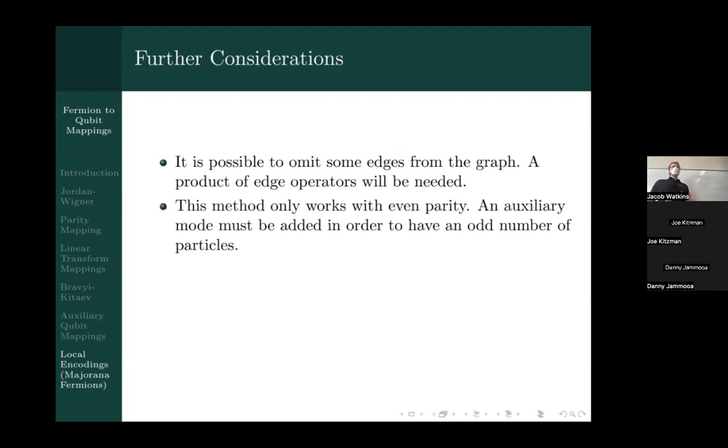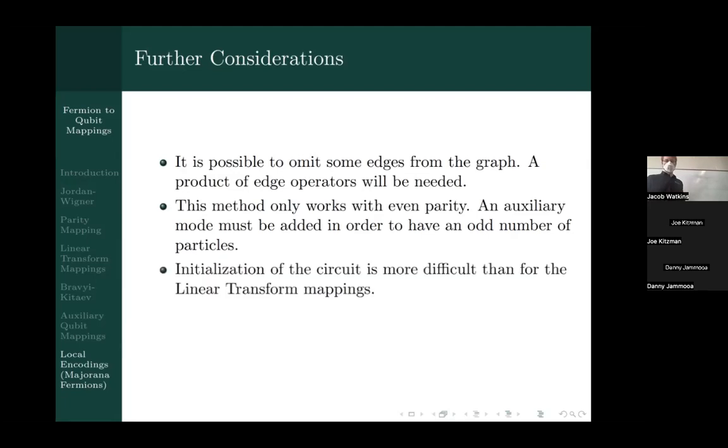And the method, as I described it, only works with an even number of fermions. You can add auxiliary modes to have an odd number of fermions, it just adds some extra complications. And as far as I can tell, just setting up the initial state on the circuit is more difficult than for the linear transform mappings or AQM.